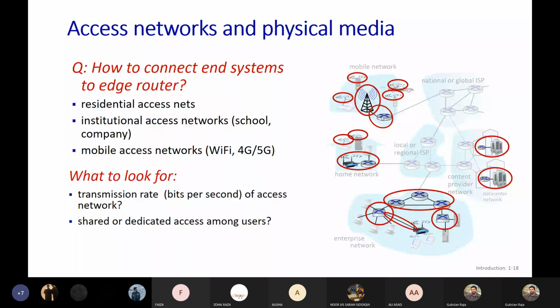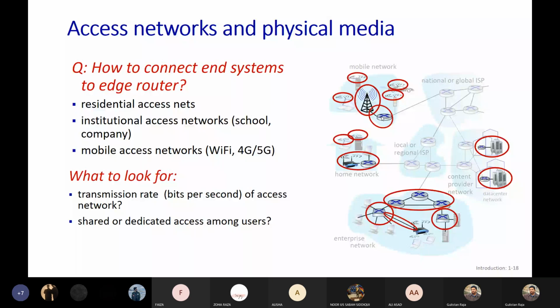Like Jazz is 4G, probably 5G; we don't have 5G so far in our country, so 4G probably. Then there is Wi-Fi, which is also another access network. In residential access networks, you use DSLs, digital subscriber lines, right? These days we use DSLs to access the edge router.